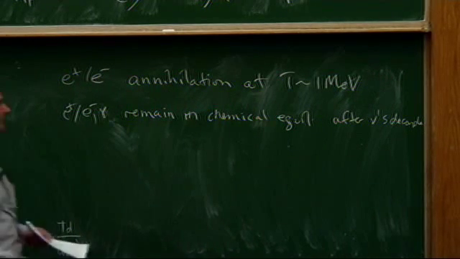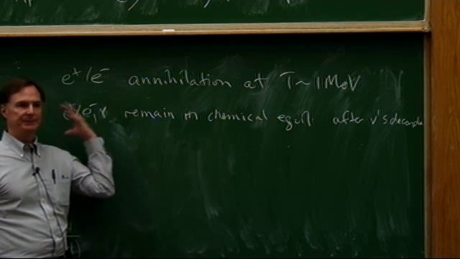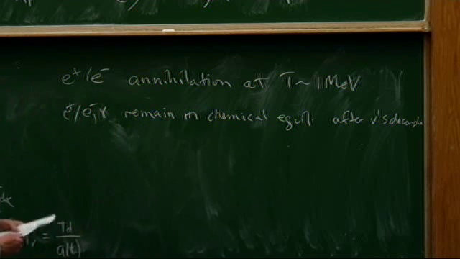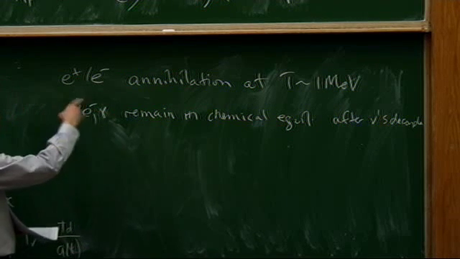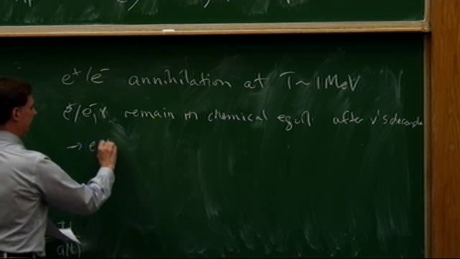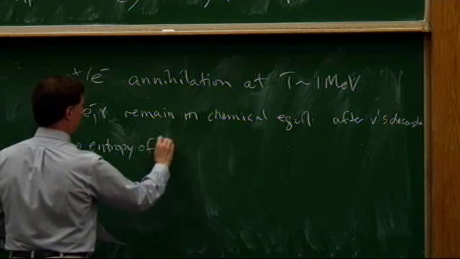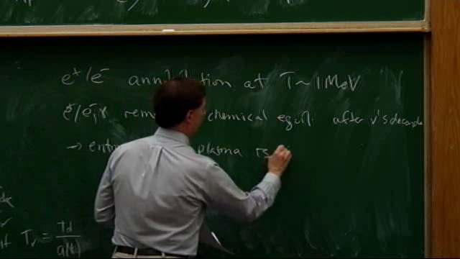So there's a nice trick you can use without having to go through all of the statistical mechanics: for the electron-photon plasma, entropy is conserved.